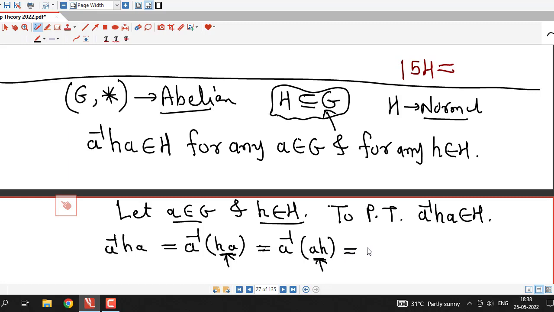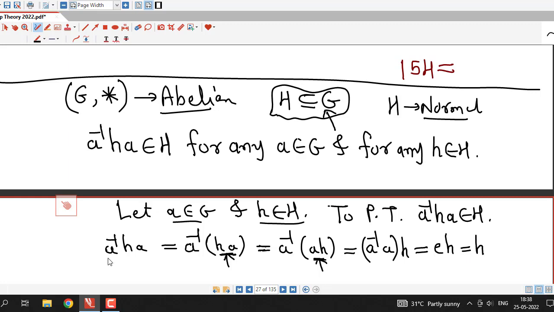Now again I use the associative property. This I can write as A inverse A times h, and because A and A inverse are in the product, their product is the identity element of group G, say e, and we know that if we take e star h for any group, then we will obtain h.